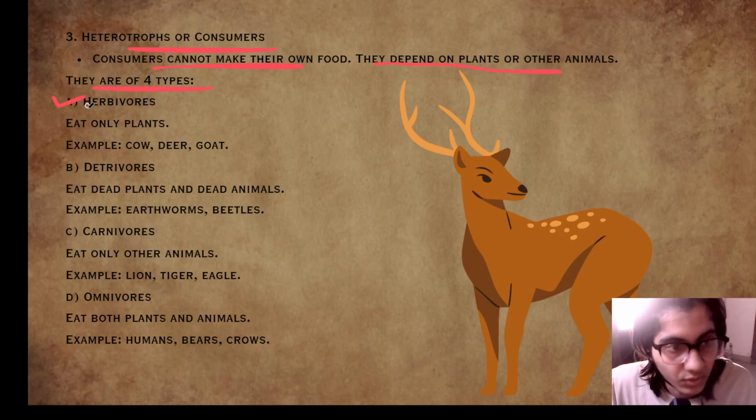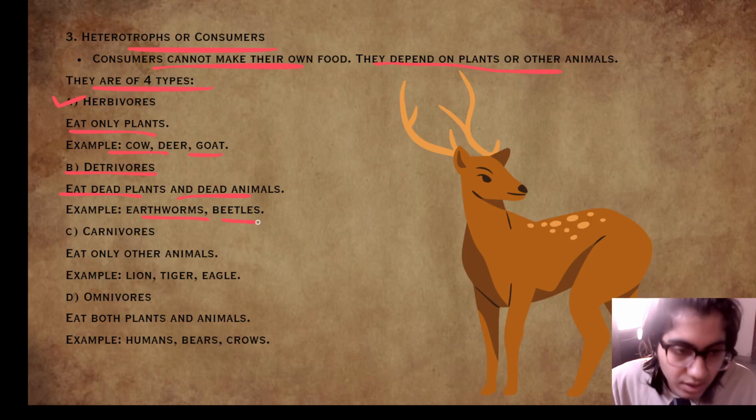First is herbivores. Herbivores eat only plants, for example cow, deer, goat. Detrivores eat dead plants and dead animals, for example earthworms and beetles. Means they eat dead and decayed plants and animals, for example the earthworms and beetles.